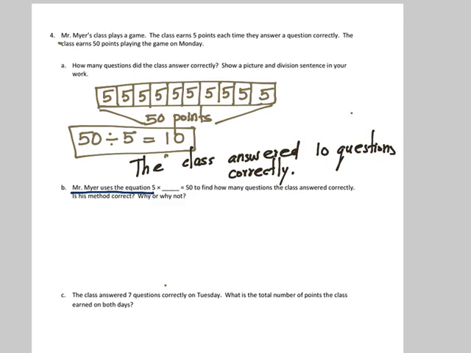Next question. Mr. Mayer uses the equation 5 times blank equals 50 to find how many questions the class answered correctly. Is this method correct? Why or why not?